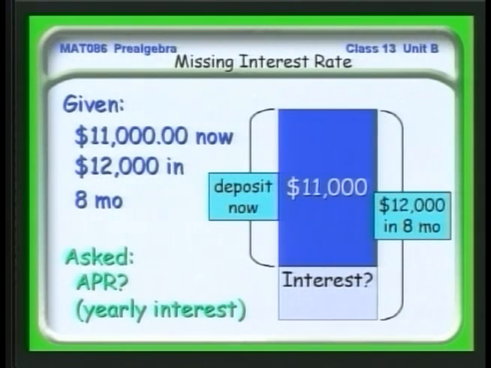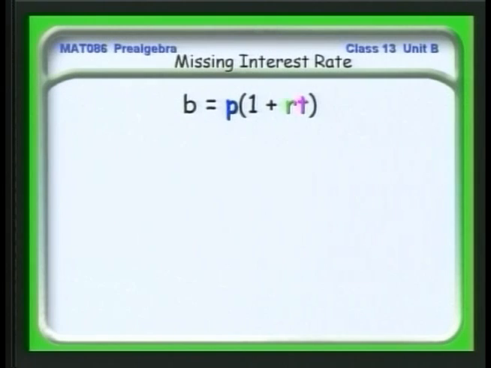Here is a diagram. Here's how much we have now. There's how much we have in 8 months. What is that interest? Let's see how we would do it. Again, we could use this formula that the final balance is equal to the principal times the quantity 1 plus the rate times the time.